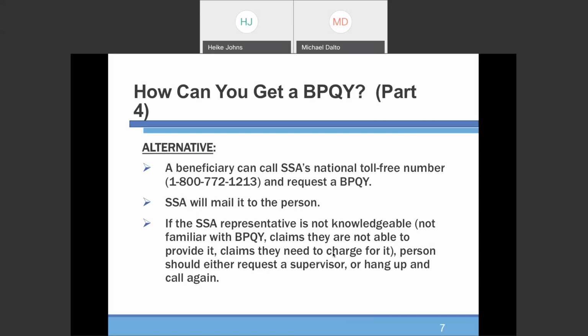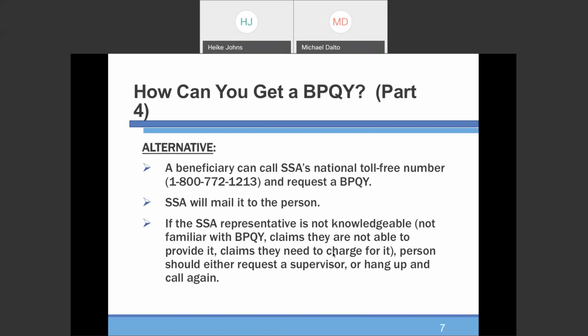They can do it politely, but get off the phone and then call again, and be virtually certain to get a different representative when they call back. And most likely the next one will be more knowledgeable. This can be a great alternative, particularly if you experience difficulty getting BPQYs from certain WILs.